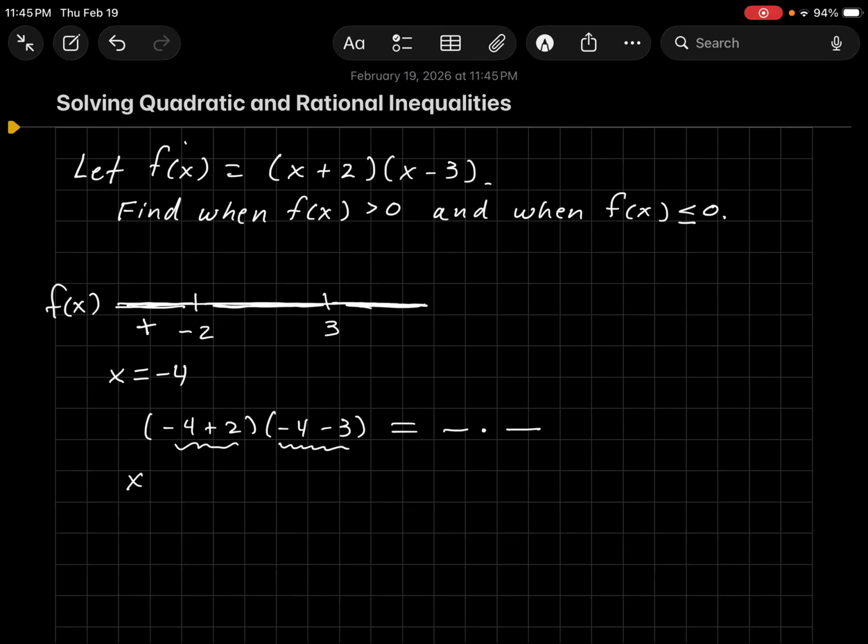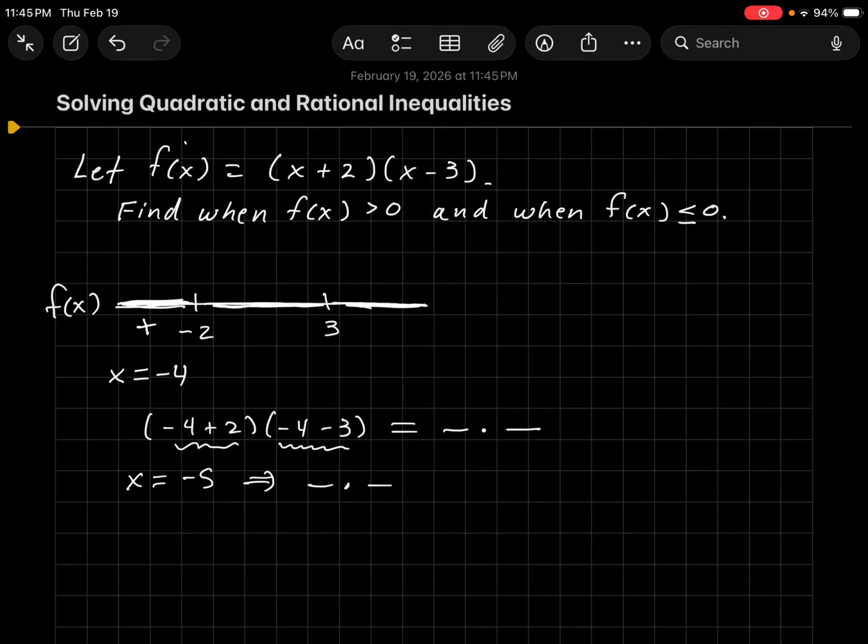If I plugged in x equals negative 5, I would have gotten negative times negative. x equals negative 6.7, negative times negative. It doesn't matter. If I choose any x value back here in my first interval, and I get positive for the y value, all x values back here will give a positive y value.